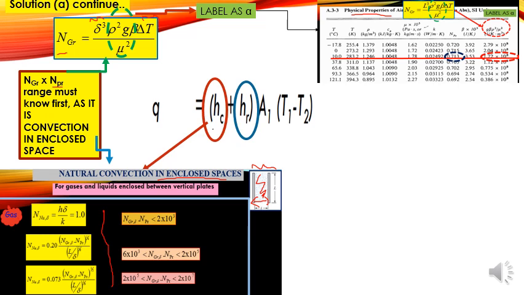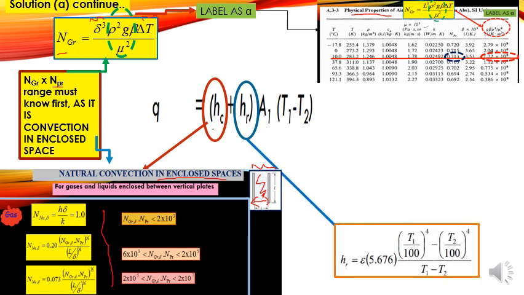Now let's move on to hr, which is the heat transfer coefficient in radiation. This one is very direct. You just use this equation, and remember for T1 I always use the higher temperature, and T2 is for the lower temperature.